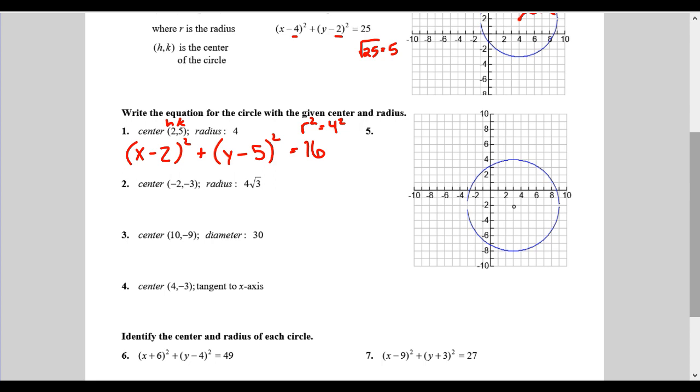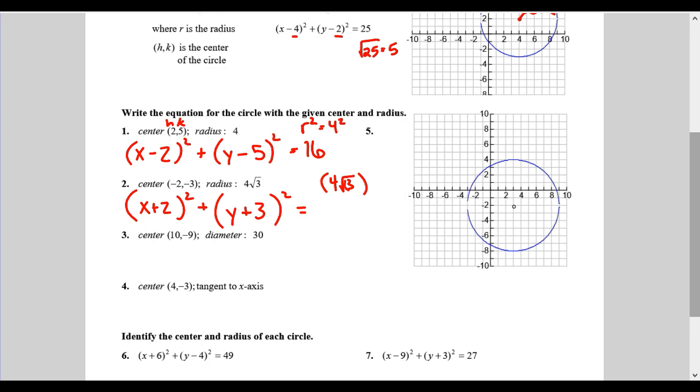Okay. Same setup: x minus h squared plus y minus k squared equals r squared. So what am I plugging in with the x? Negative 2 now becomes x plus 2. What am I plugging in with the y? Negative 3 now becomes y plus 3 squared. And then the radius, again, this is probably one you can't really do in your head. How can I type that in the calculator? Use parentheses, make sure you're using parentheses. 4 square root of 3, close parentheses.